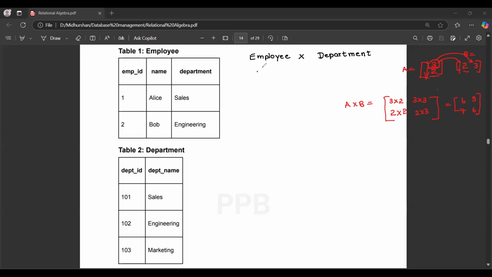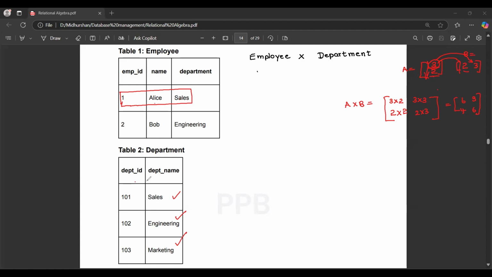Similarly, in relational algebra cross product, you will pair the first tuple with all three tuples. Instead of columns, you will be producing tuples by joining these two relations. First you will have 1 Alice sales 101 sales, then the second tuple will be 1 Alice sales 102 engineering, and so on.